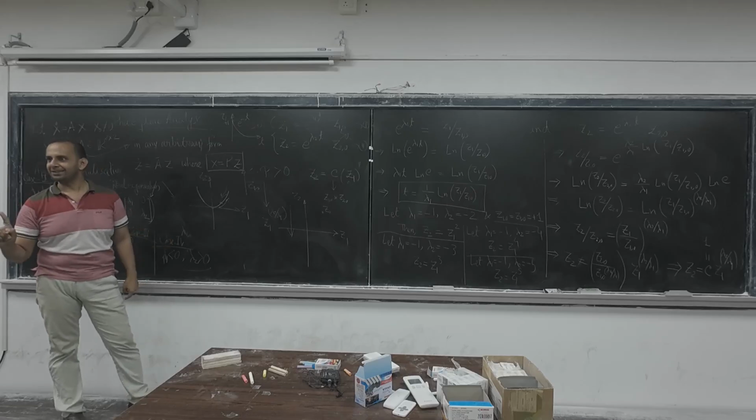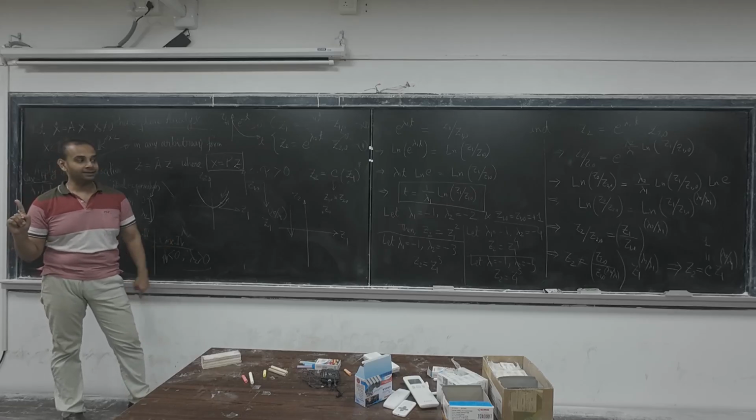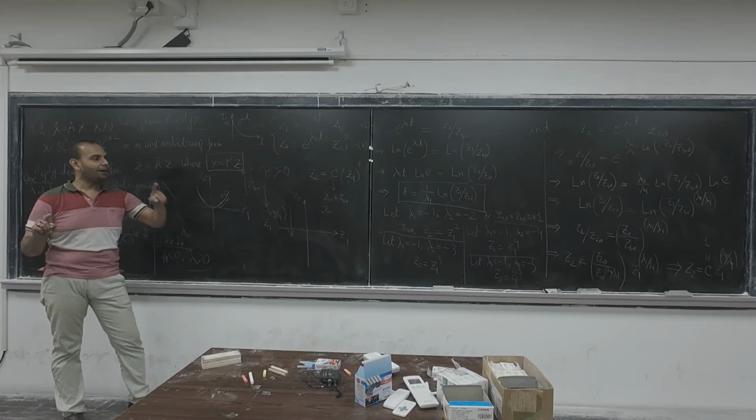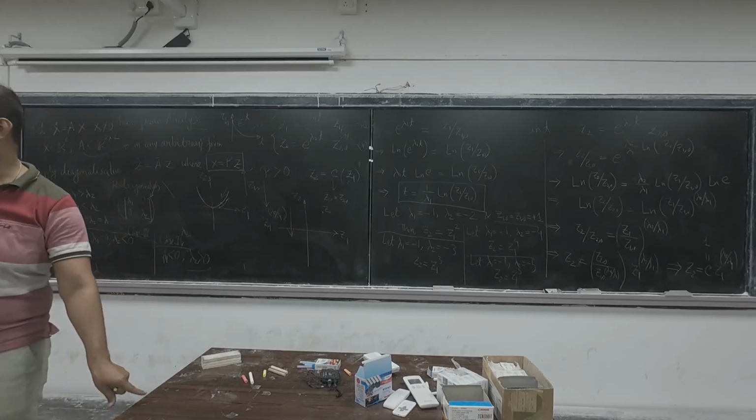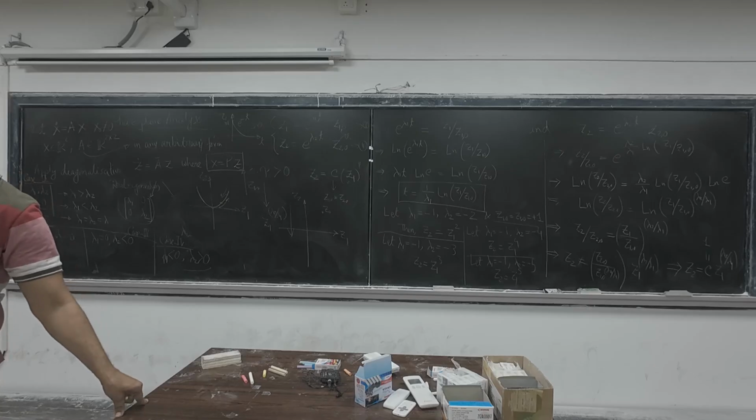But the rate matters. Here the pattern is like y equals x square, x cube, x4, x5. Now think about it the other way around: y equals x to the power half, 1/3, 1/4, 1/5.